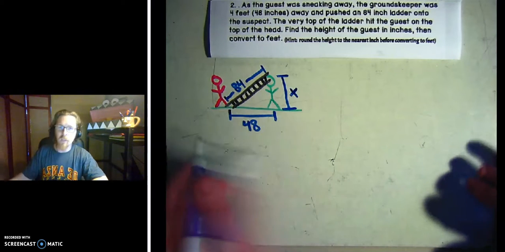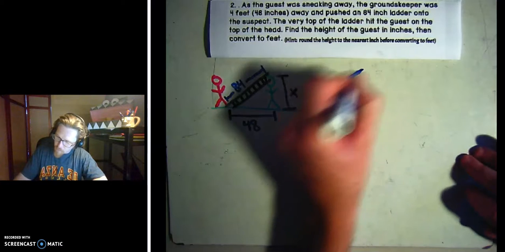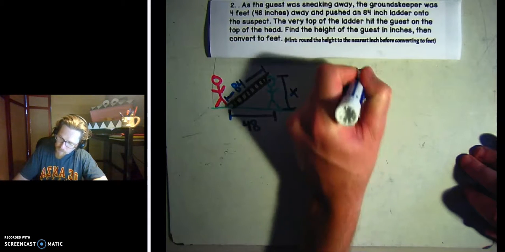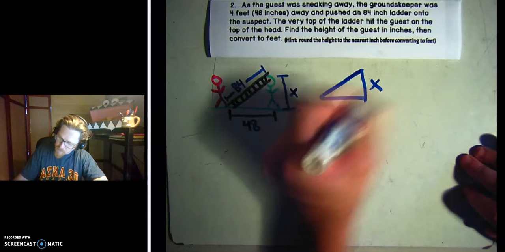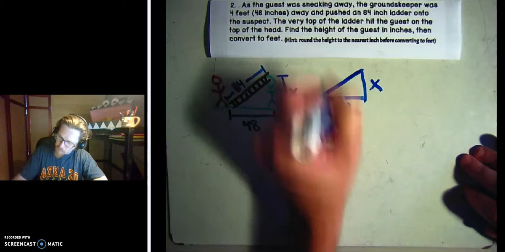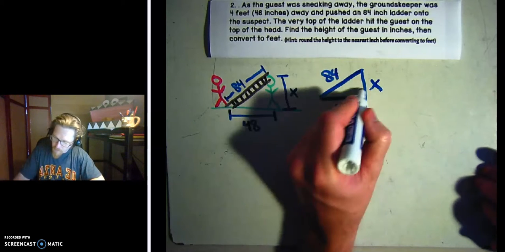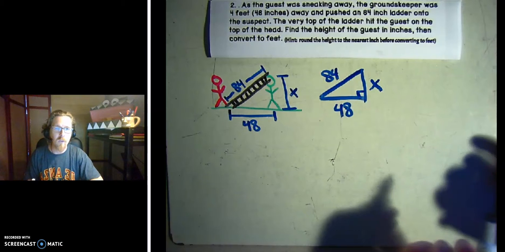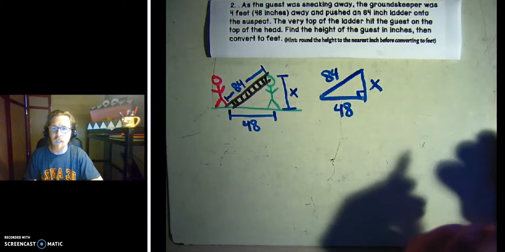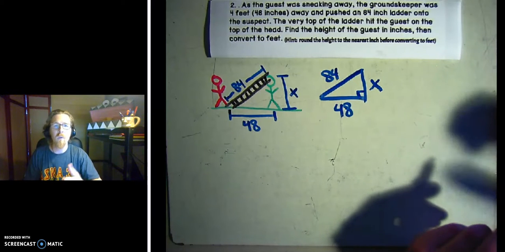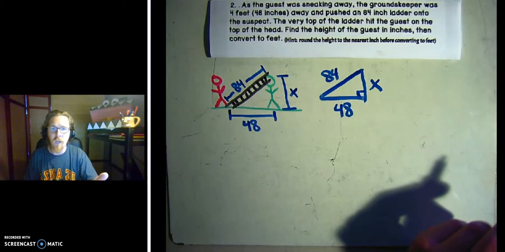So if we kind of translate this picture, what I really have is a right triangle that measures x, it measures 48, and it measures 84. And this is a right triangle, so I'm just going to put a little square right there to represent my 90-degree angle. And so this is a case for the Pythagorean theorem.